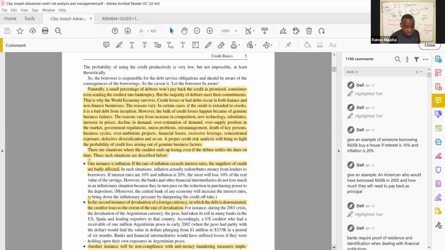If your inflation rate is 10%, the amount of goods that you're going to be able to buy with 1,000 rand today is a lot less than what you could buy with the same 1,000 rand after 1 year, because of the effect of what?